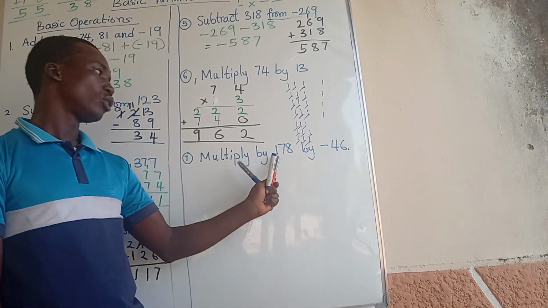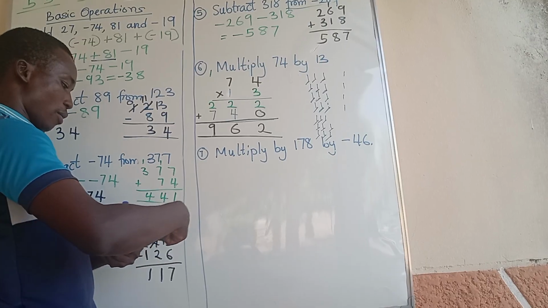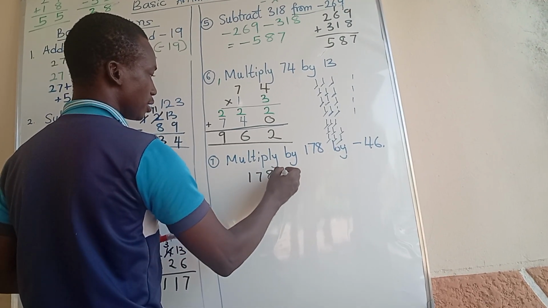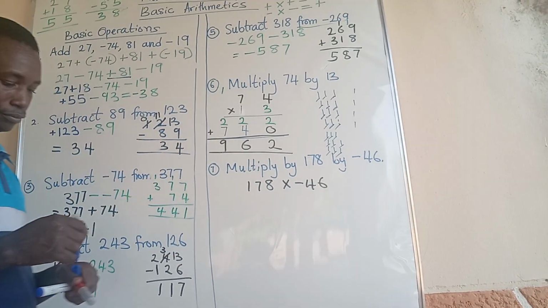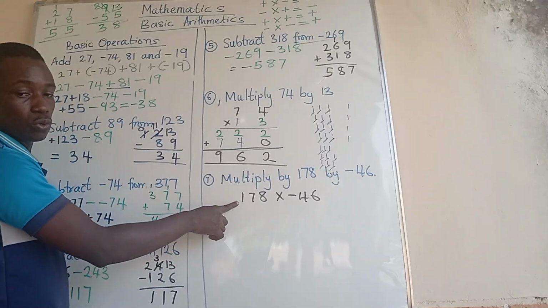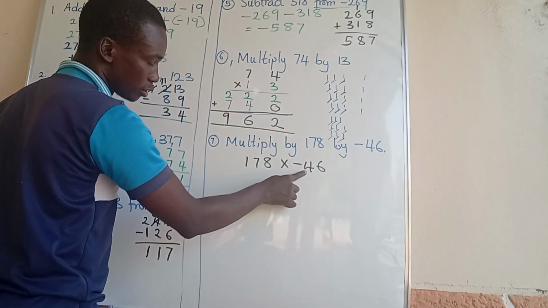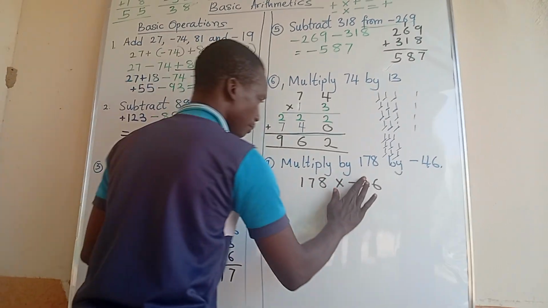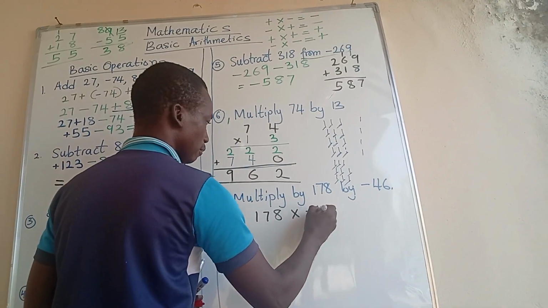Now let's come down to number 7, also looking alike. But this time around, we have a negative sign. So our expression is going to be 178 times minus 46. The sign in front of this 178 is positive. The sign in front of this 46 is negative.